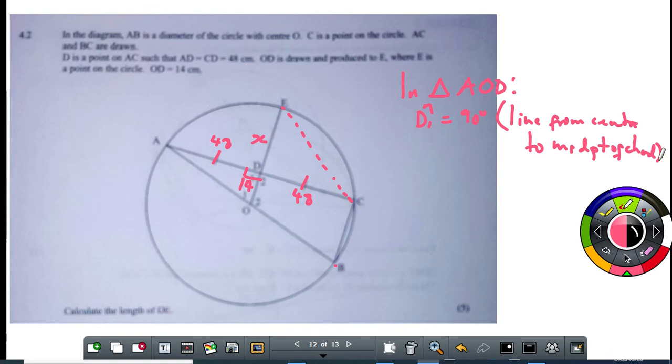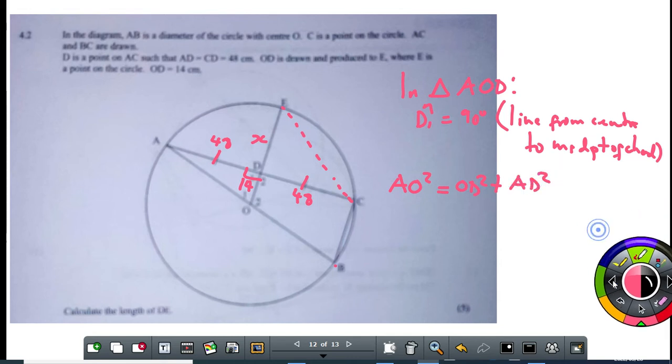So after writing D1 equal to 90 degrees, it means triangle AOD is a right angle triangle. So I can say AO squared is equal to OD squared plus AD squared. My reason is obviously Pythagoras.